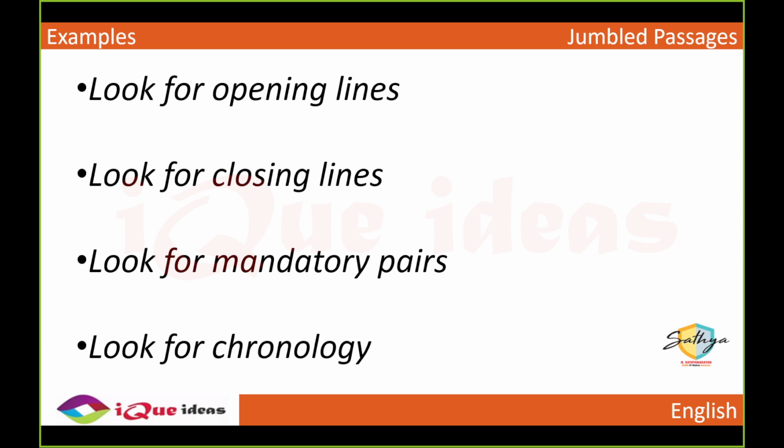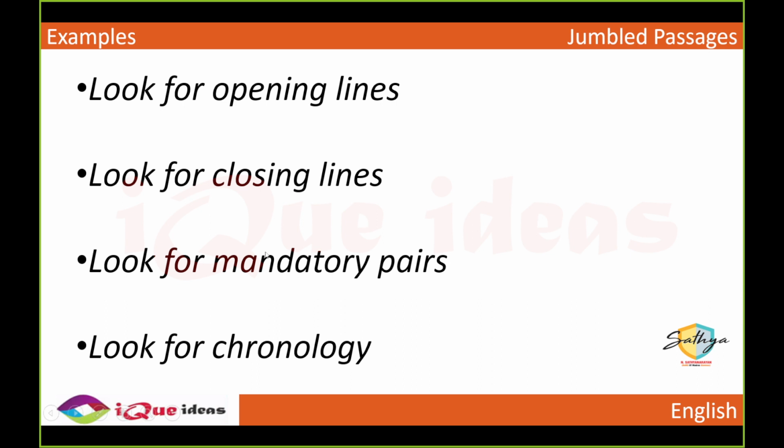These are certain strategies which can be followed to solve the questions. But most of the time, once you have identified either an opener or a closer or a pair, you find the option which matches whatever you have identified and go through the complete given sequence to understand whether it actually makes final sense.